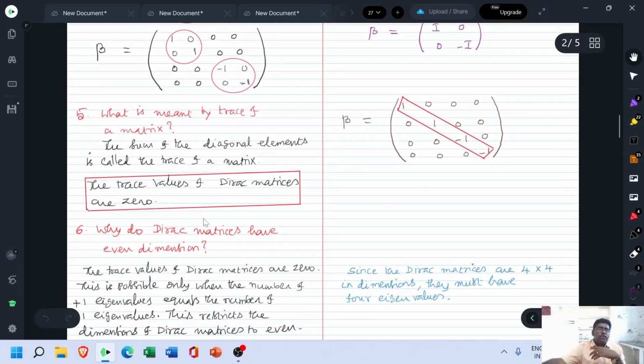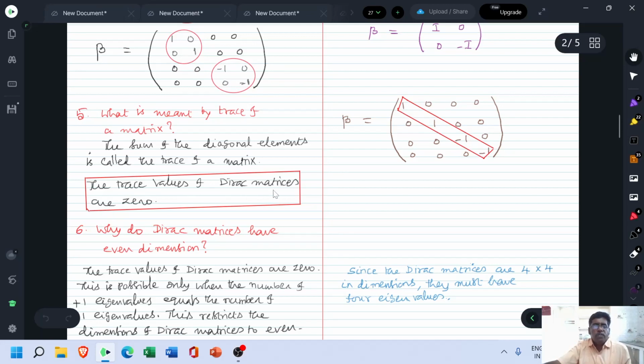What is meant by trace of a matrix? The sum of the diagonal elements is called the trace of the matrix. Say this is a beta matrix. If you take the sum of the diagonal elements, this is called diagonal element. Don't consider this one. This is the diagonal element here. If you take the sum of these elements, that is called trace. Here the trace value is 0.